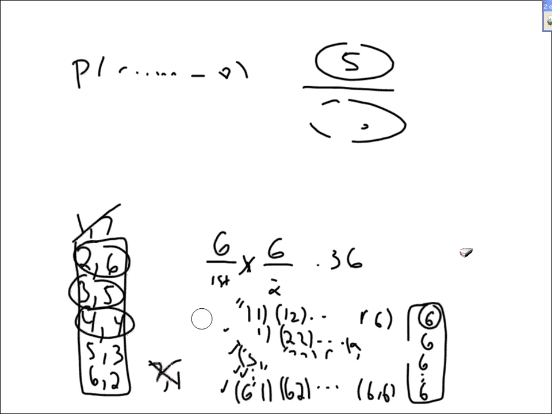Now, why was I allowed to use this rule? The answer is very simple. The probability of getting a 2 and then a 6 is the same as getting a 3 and a 5. It's just any one random pair.